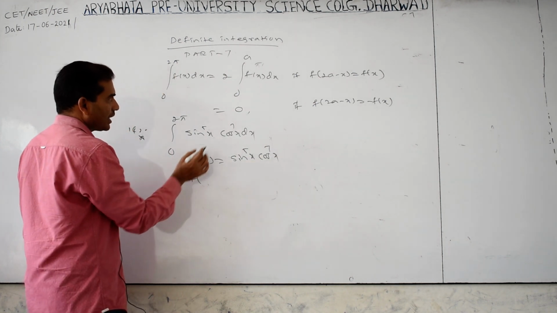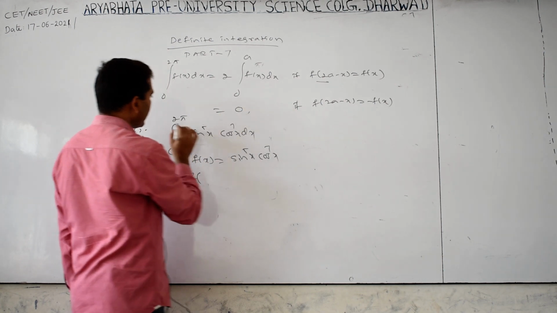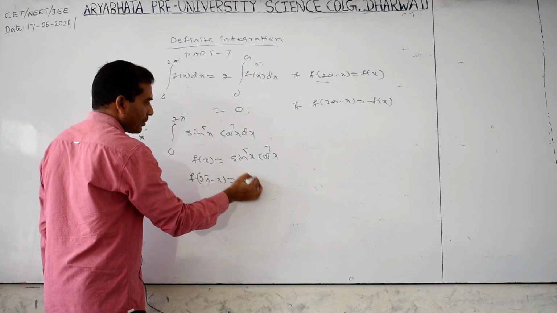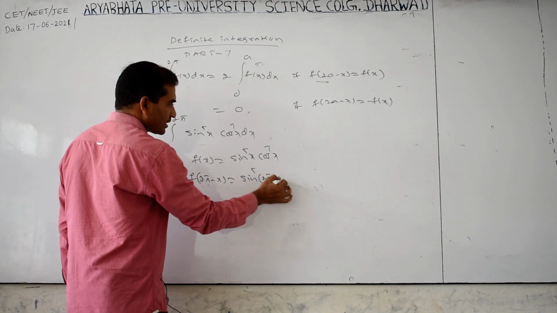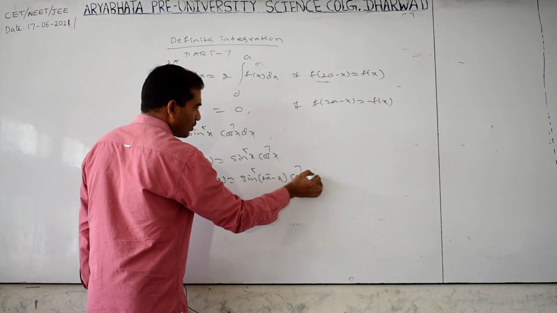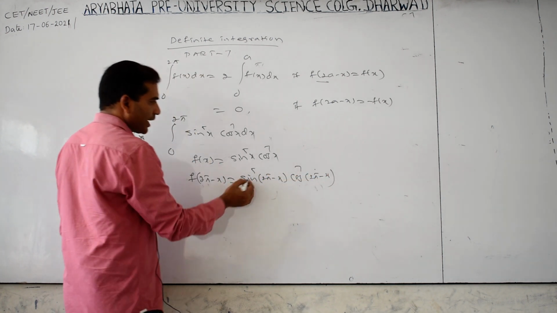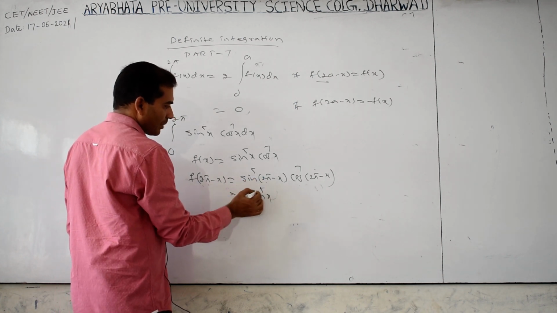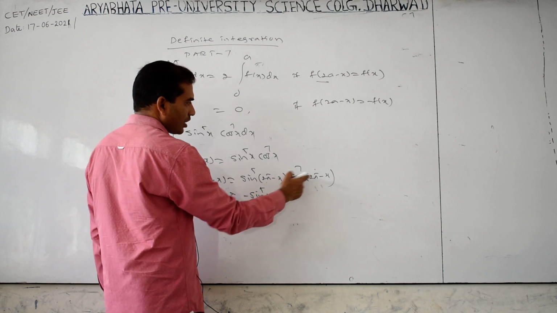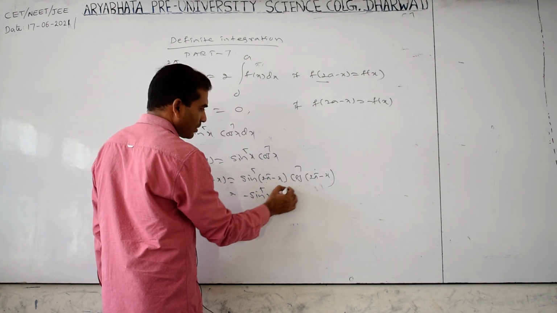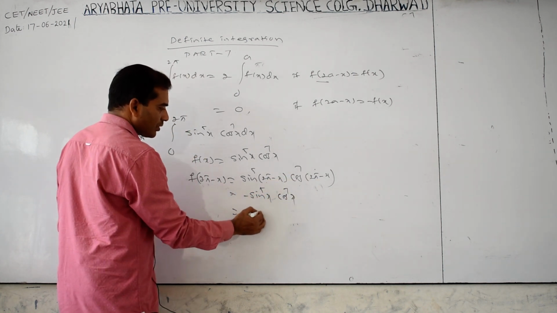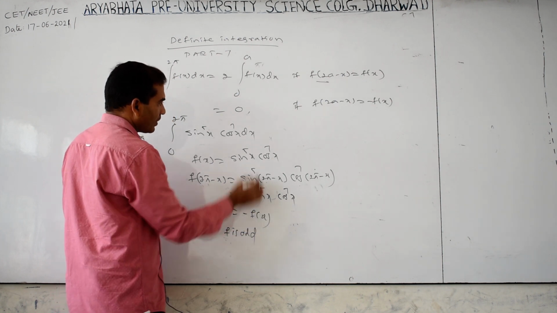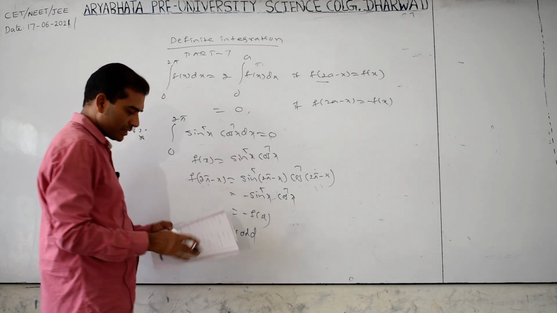Here we have to verify, 2a means 2 pi minus x: sin power 5 of 2 pi minus x, cos power 7 of 2 pi minus x. Sin of 2 pi minus x is minus sin x, so minus sin power 5x. Cos of 2 pi minus x is cos power 7x, which is equal to minus f of x. Then f is odd. When it is odd, the value becomes 0.